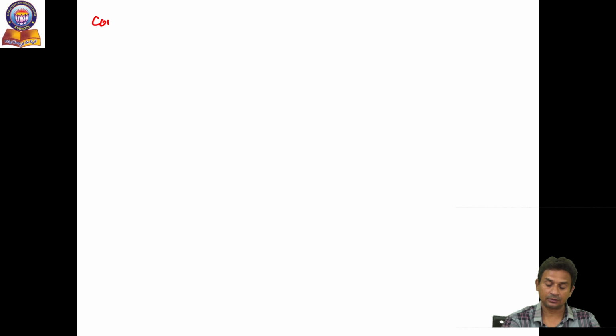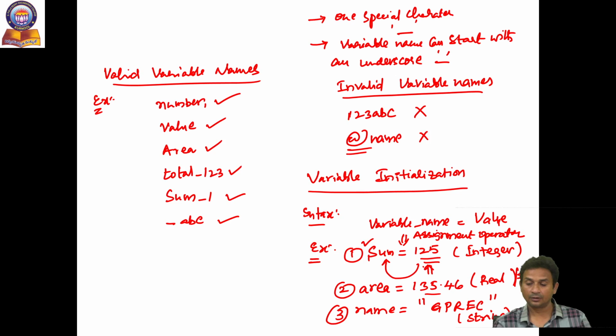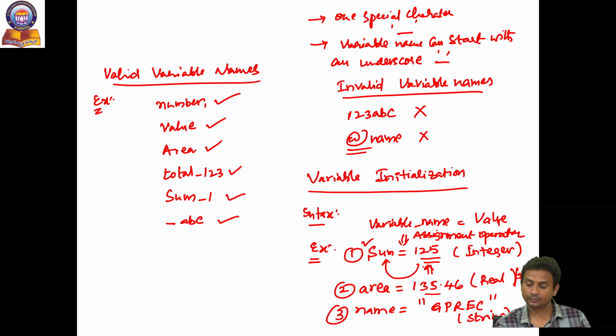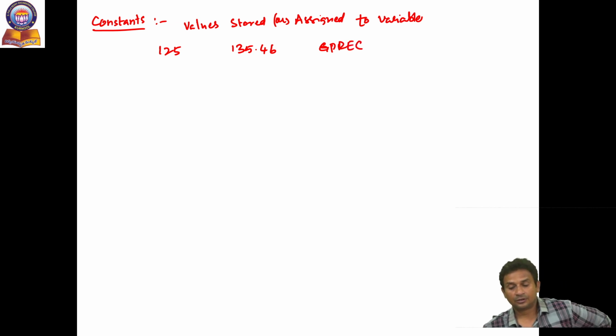Now let us see constants. Constants are basically values stored or assigned to variables. In the previous example, the values 125 and 135.46 and the name GPREC are all constants, which are used to assign to a variable.